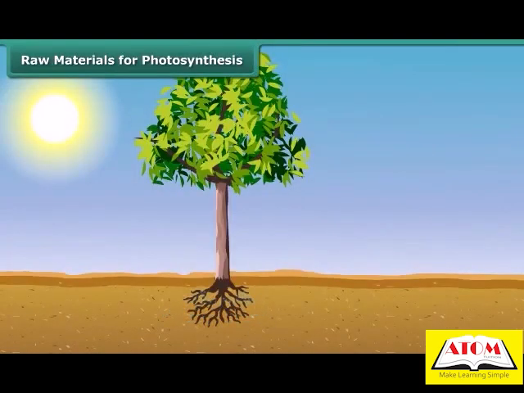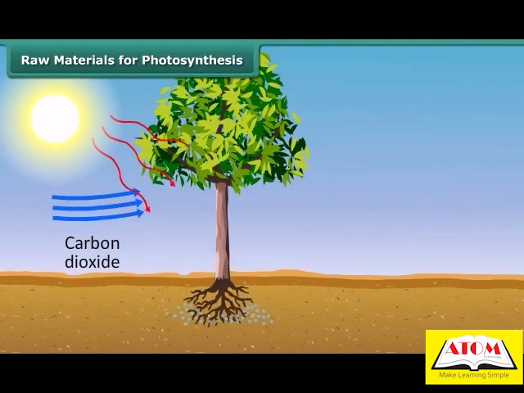Now you know that in plants, water, minerals, and carbon dioxide are raw materials for the synthesis of food. Do you also know how plants obtain these raw materials from the surroundings? And how do they transport them to the food factories of the plant?